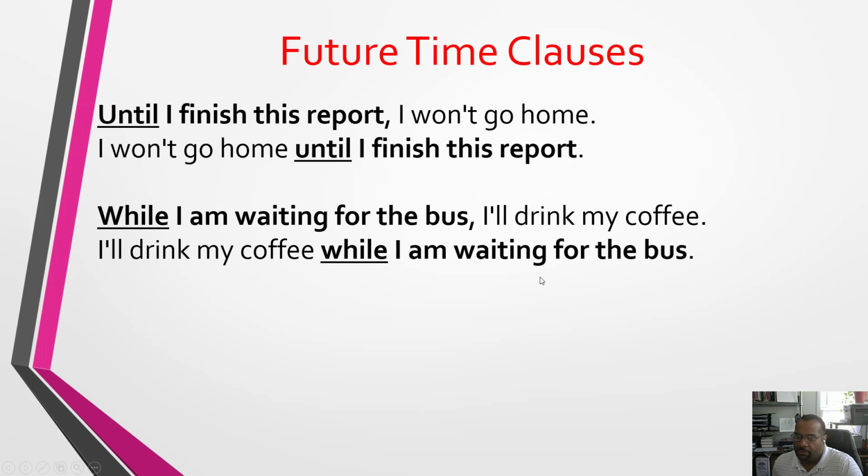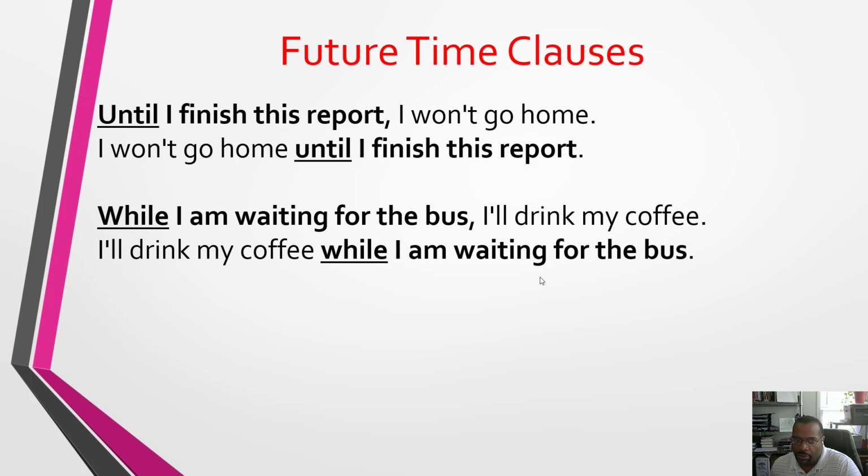Let's use the word until. Until I finish this report, comma, I won't go home. Let's put our dependent clause last: I won't go home until I finish this report.